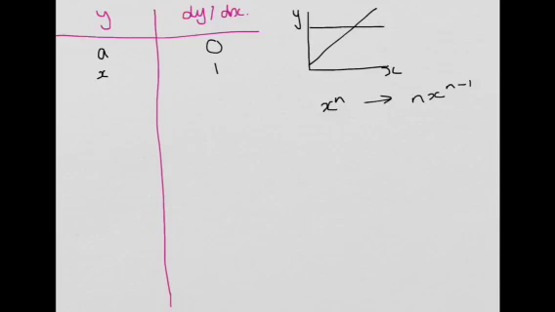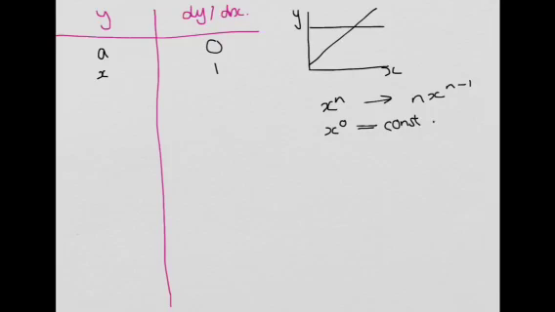It doesn't matter whether n is an integer, it could be a fraction, it could be negative. This is always my rule. The only case it doesn't work is when it's x to the 0, because x to the 0 is a constant, and so my constant follows this rule here.